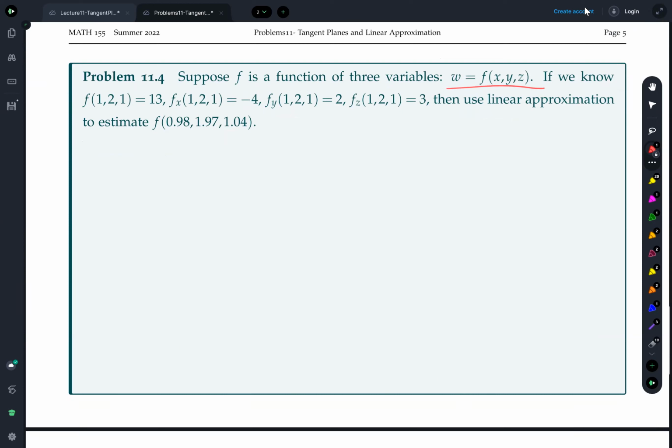We're told what the function value is at the point (1, 2, 1) and what the partials are with respect to x, y, and z at that point. Then we're asked to use a linear approximation to work out what our function value is nearby. Okay, have a go at that, and I will walk around and see if anyone has any other questions.